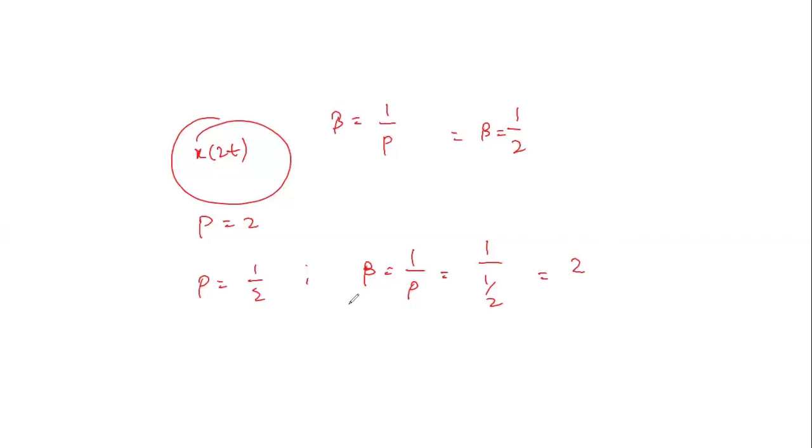And now this will be 1 over p equal to beta equal to 2, right? But now I did not play with this definition. I just gave you beta.